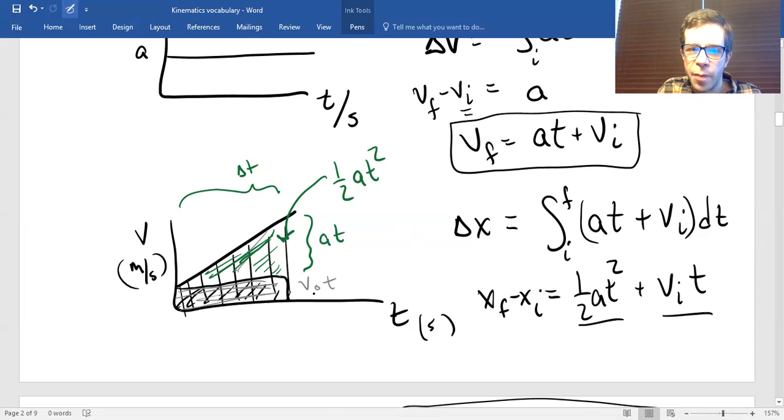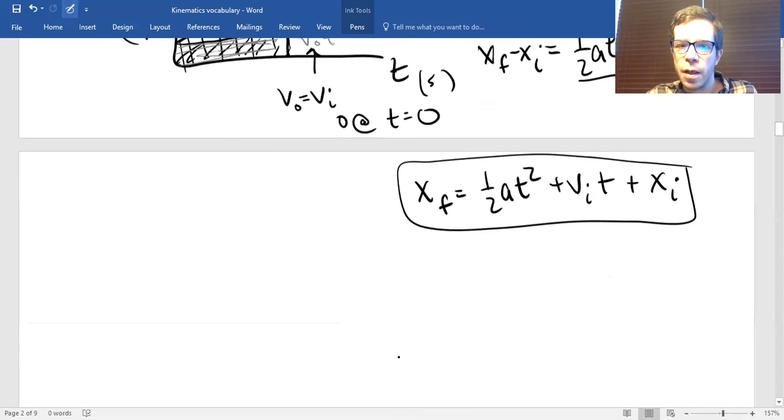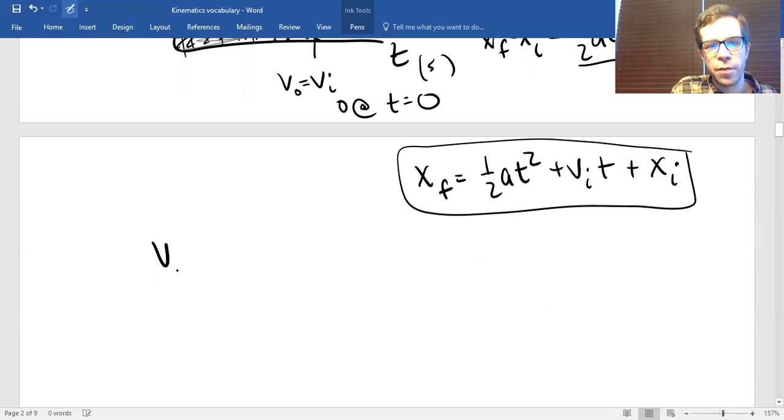Oh, a habit here, v naught is the same thing as v initial. And the naught here means at t equal to 0. So that terminology is commonly used. And no subscript for v is commonly used for v final. So this is just a little note on notation here.